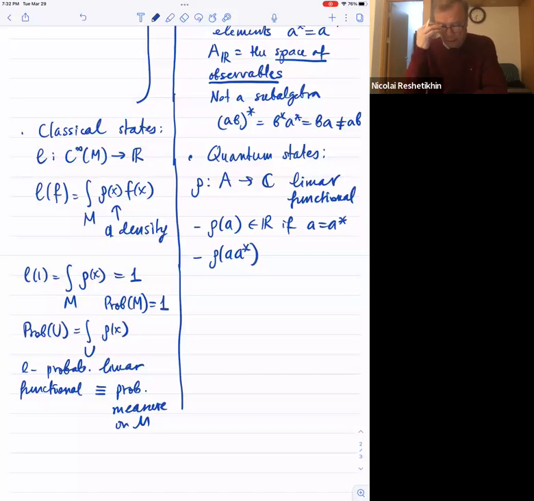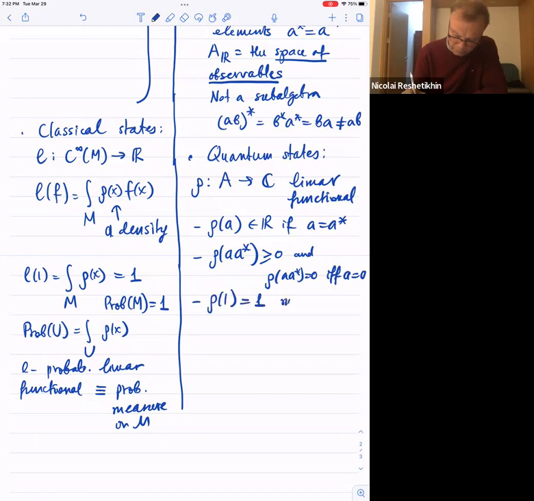It's like if A is a complex matrix, then A times A Hermitian conjugate will have only positive eigenvalues. This is positive, and rho(A* A) is 0 if and only if A is 0. And normalized: rho of 1 is 1. And this is really the counterpart of the classical states.